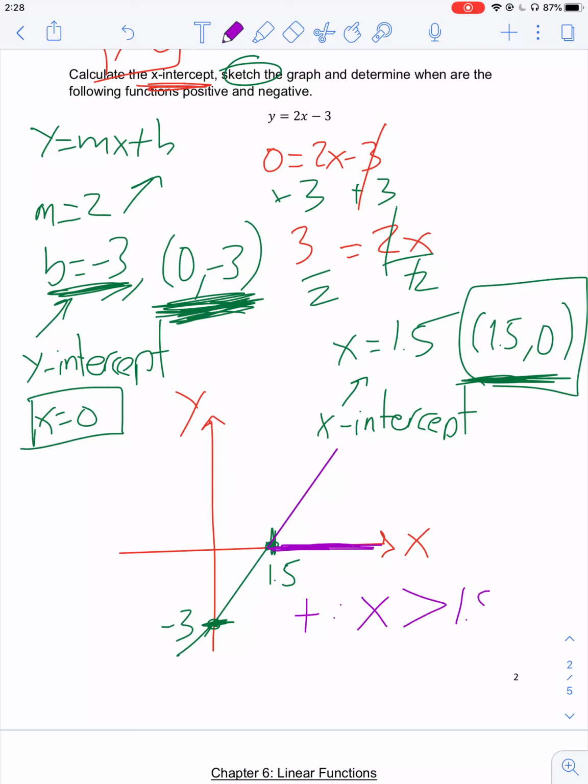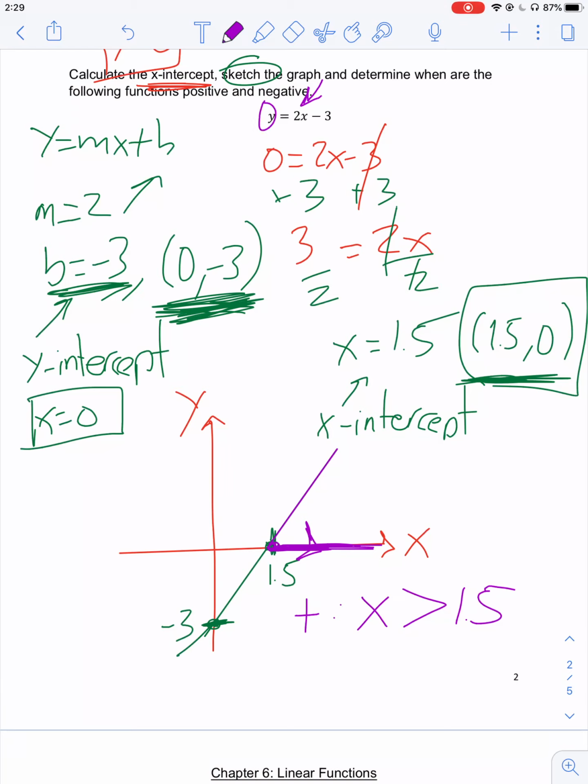Why greater? Because 1.5 is over here, and you're moving to the right side, which means at 2, at 3, at 4, your function is positive. One way to check that is if you plug in an x value greater than 1.5, your y value will be positive.